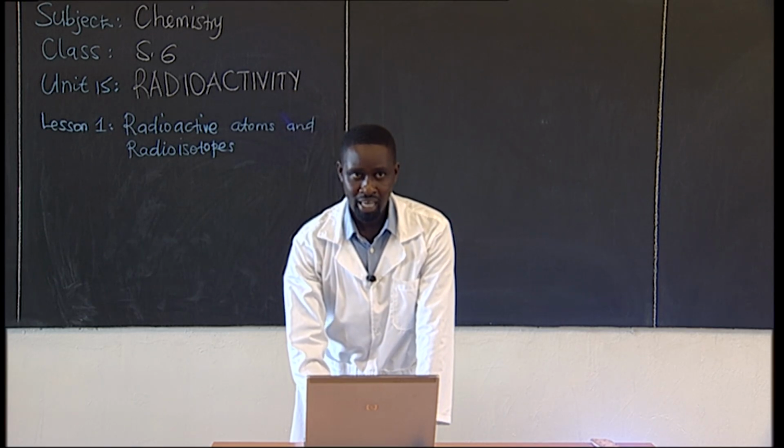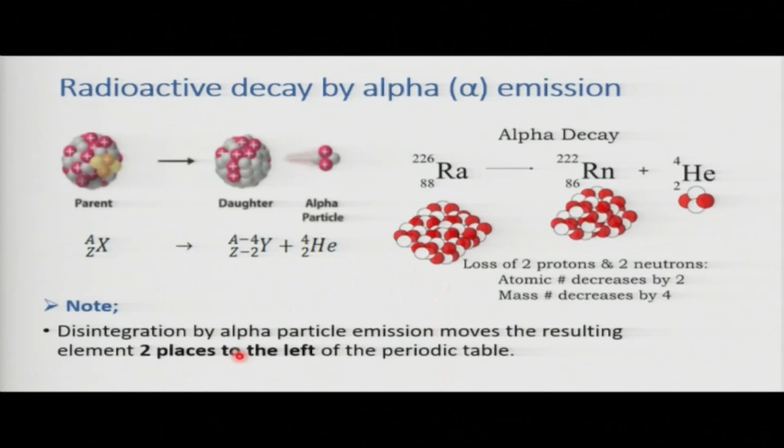And as such, normally alpha decay leads to the daughter atom being 2 places to the left in the periodic table. I need to pause around here, and you first understand this before we can move.